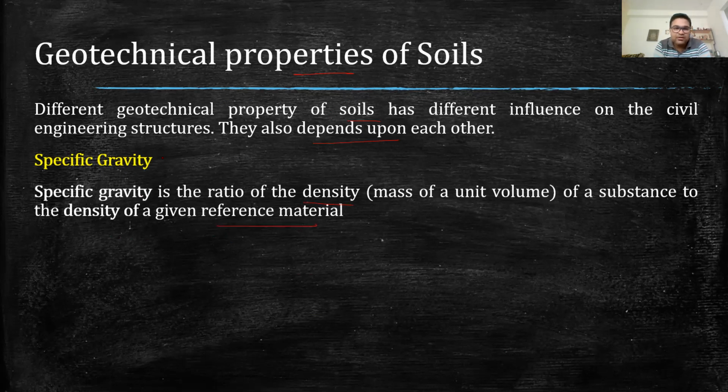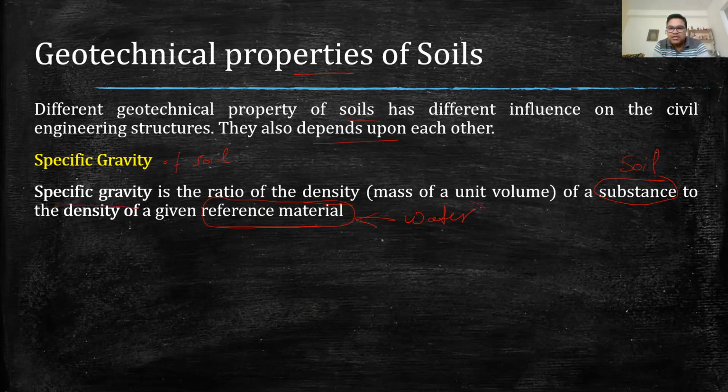Here, if we are going to find out specific gravity of soil, then that substance will be the soil. And generally, we compare this with a reference material, and generally, we consider this reference material as water. So basically, the ratio of the density of soil to the density of water is called the specific gravity.